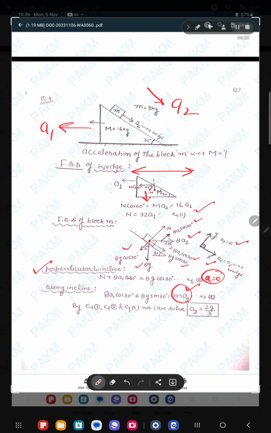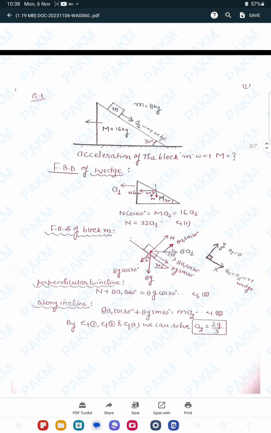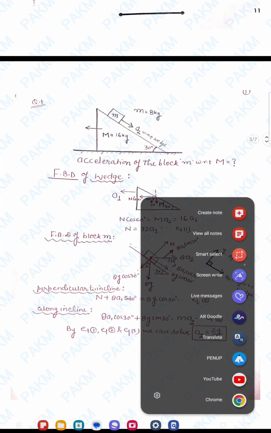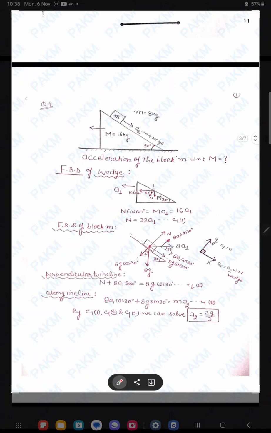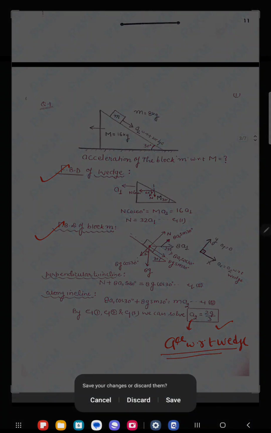Now with the help of the given equations, we can say a2 is the acceleration with respect to the wedge. So it is better to remember these free body diagrams and how we have expressed the given direction of acceleration. This was one of the good questions.